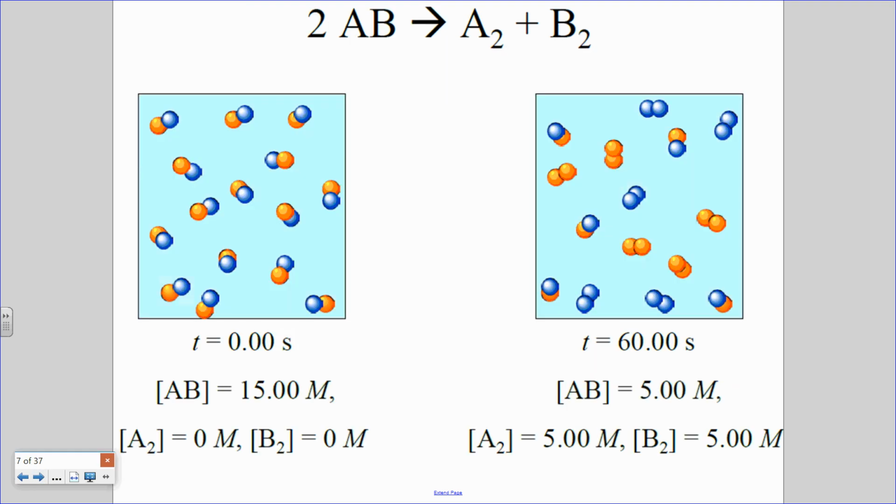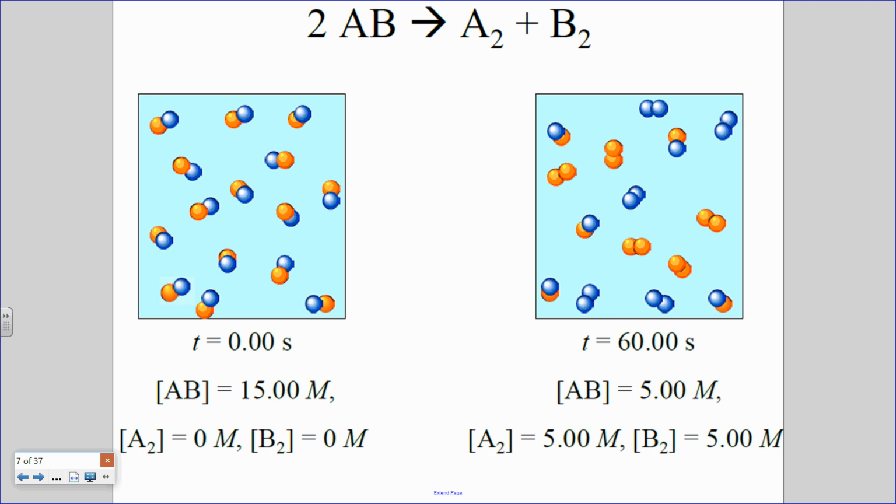Okay, so let's take a look here. We have AB, and if we look at this box right here, all of these are AB. They're all reactants. We have no products in here.